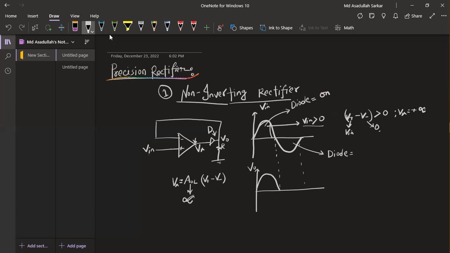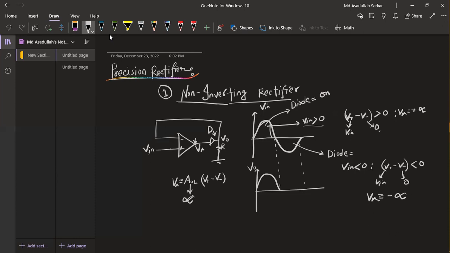So what will happen in the other half wave, the negative side? In that case, V input is less than 0, and V positive minus V negative will be less than 0, because this is V input and this is 0. So Vx will be minus infinite.